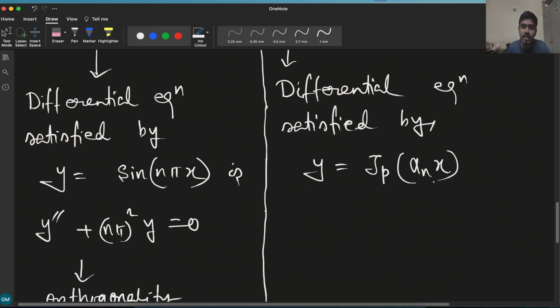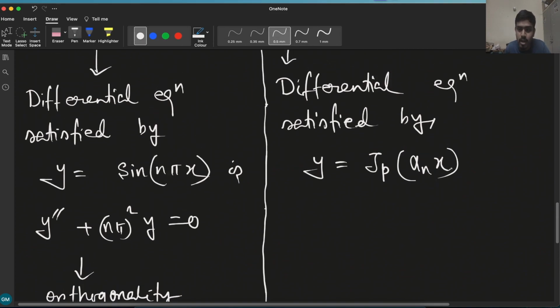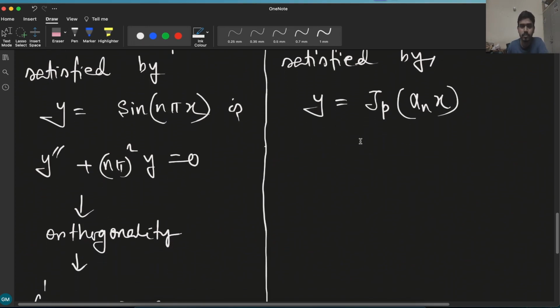So this alpha n is basically the zeros of J_p(x). So now it will be 0 at x equals 1 because of the way I am defining it. So y will be 0 at x equals 1.